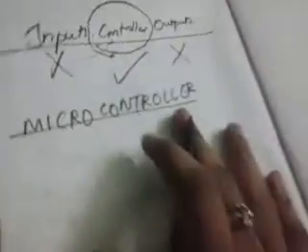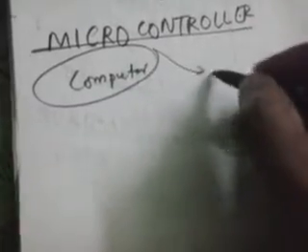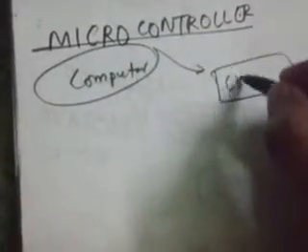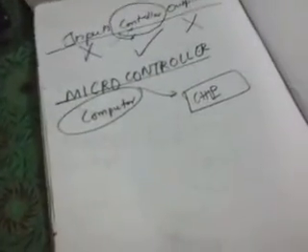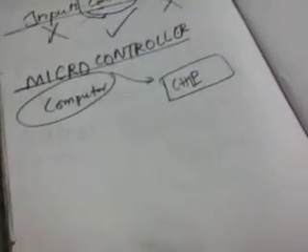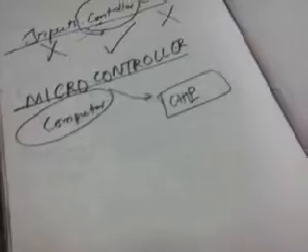What is a microcontroller? Basically, it's nothing but a microprocessor, a computer. A microcontroller is a small computer embedded on a single chip. There are various types of microcontrollers available in the market, for example Atmega 8, Atmega 16, etc. We can find various brands of microcontrollers in the market.